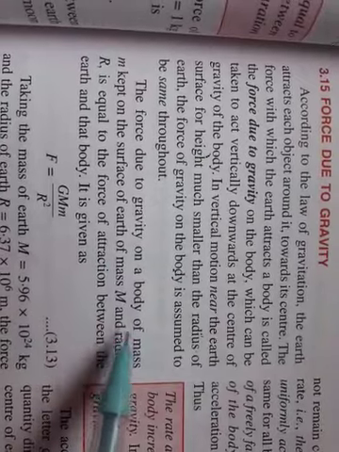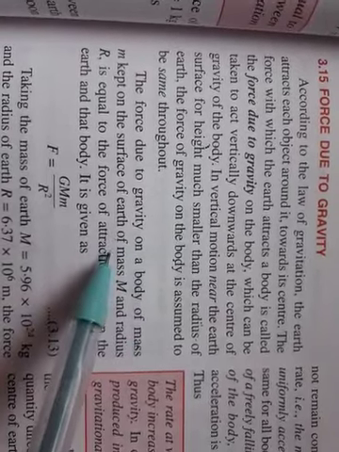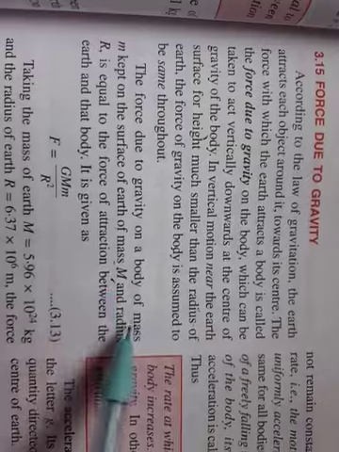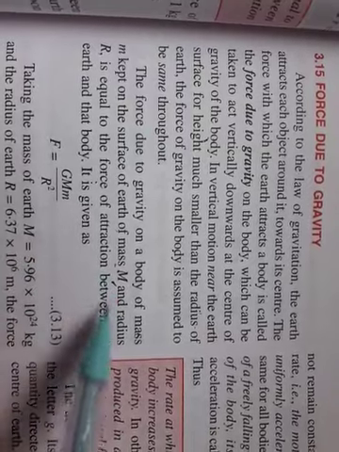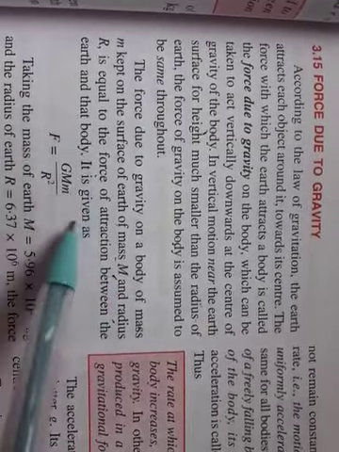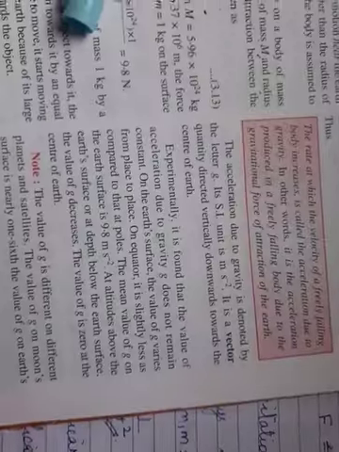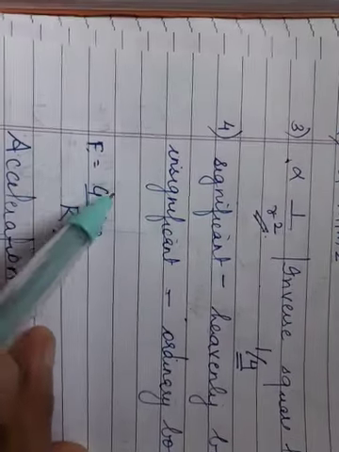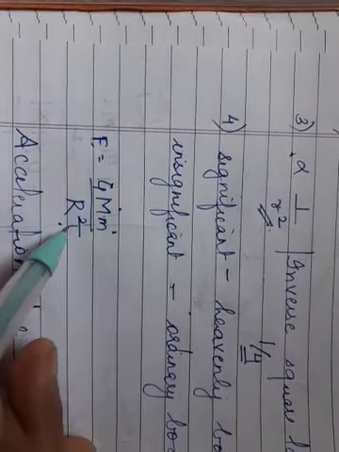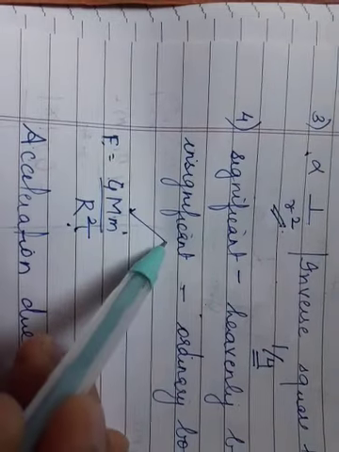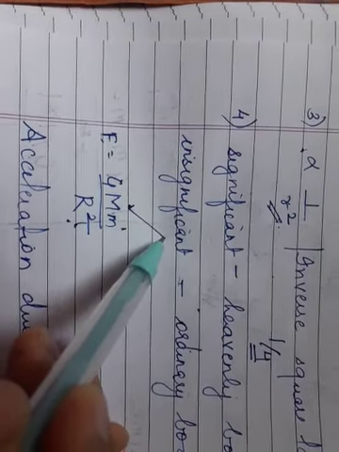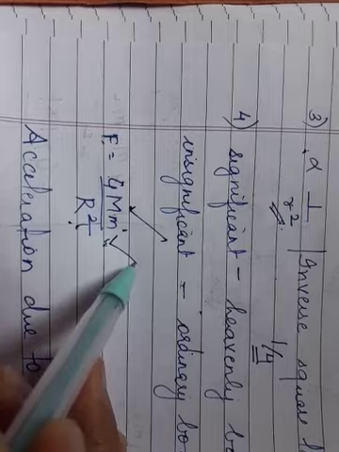Then the force due to gravity on a body of mass m kept on the surface of the earth, of mass capital M and radius r, is equal to the force of attraction between the earth and the body, given by F equals G M m upon r square. Now how is this possible? Let us see. In F equals G capital M small m upon r square, capital M is the mass of the earth and small m is the mass of the other body.